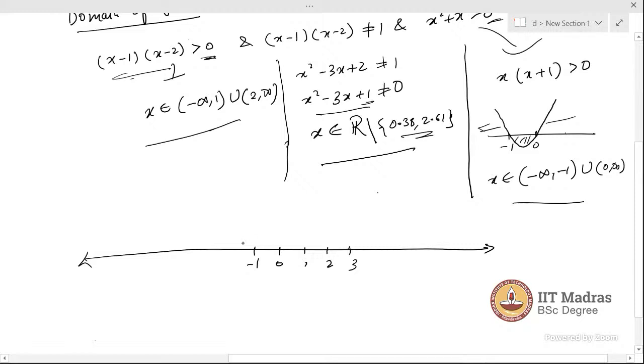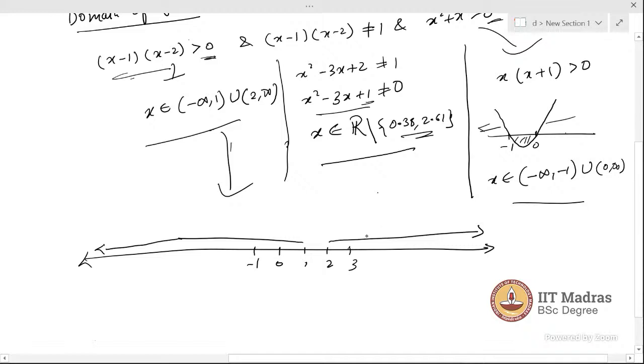From here we have these regions coming into picture. I'm drawing the conditions for this: minus infinity to 1 and 2 to infinity. This is the region we get from this part.